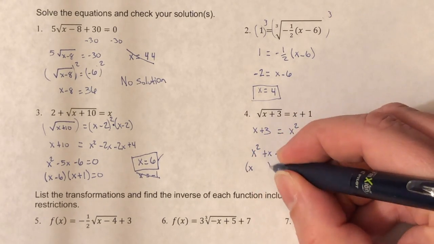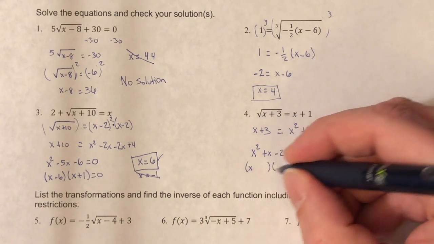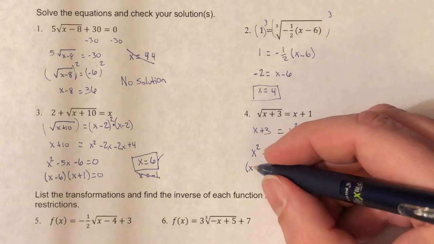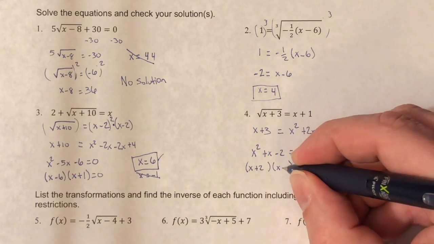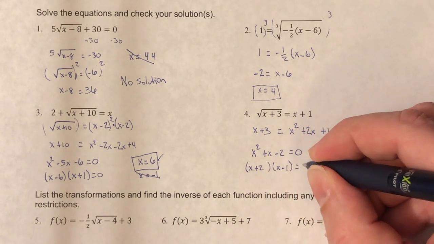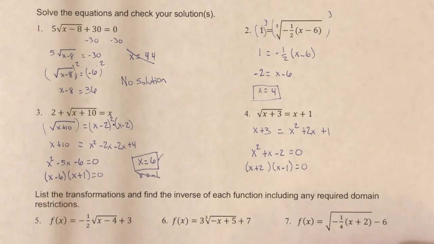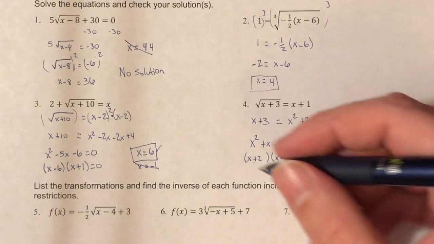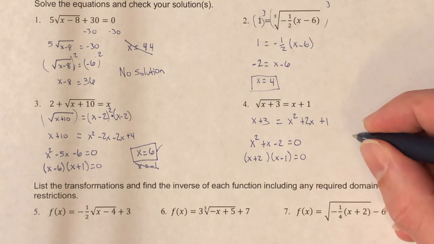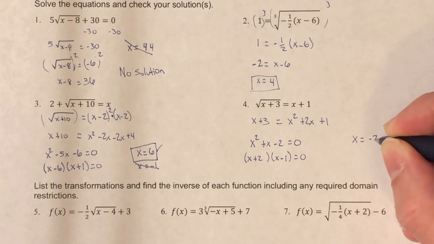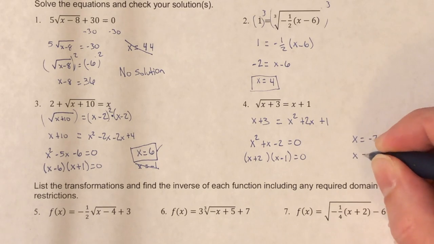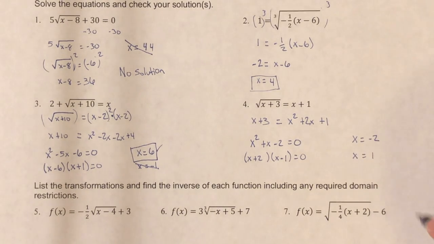That's going to be +2 and -1. So if I set each of those equal to 0 to solve for x, I get x equals -2 and x equals +1.